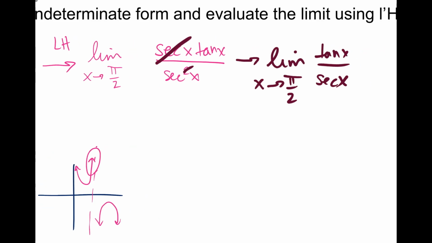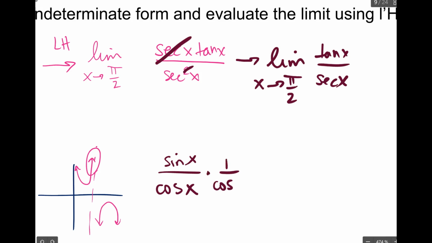Is this just infinitely indeterminate? Well, what if I try to rewrite this? So tangent is sine over cosine. And if I'm dividing by 1 over cosine, it's the same thing as multiplying by cosine.